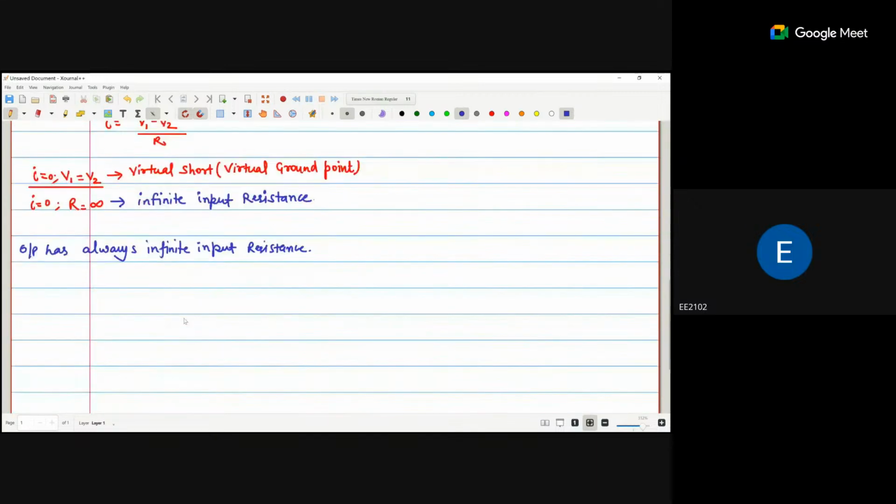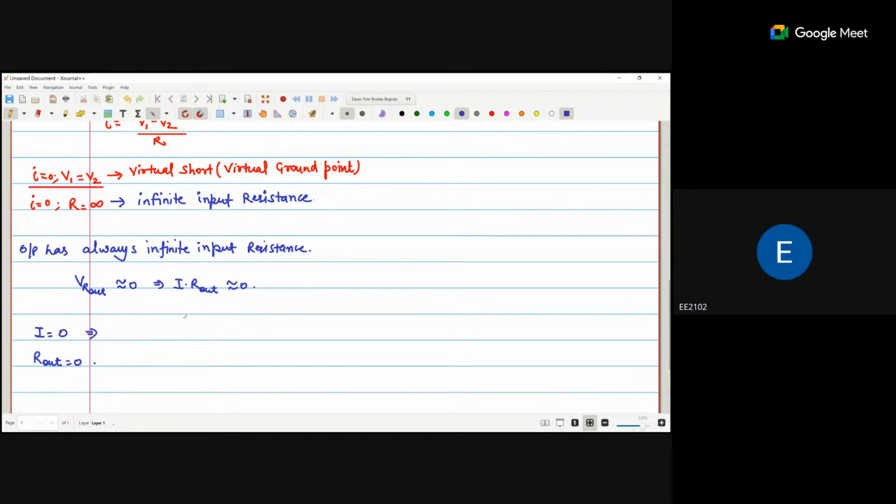We know that V R out is approximately 0. That means I times R out is approximately 0. There are two reasons: the current I is 0, and second, R out is 0.